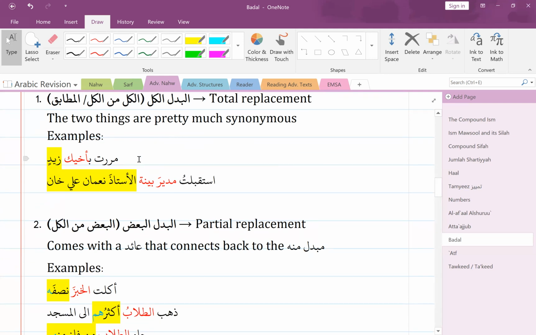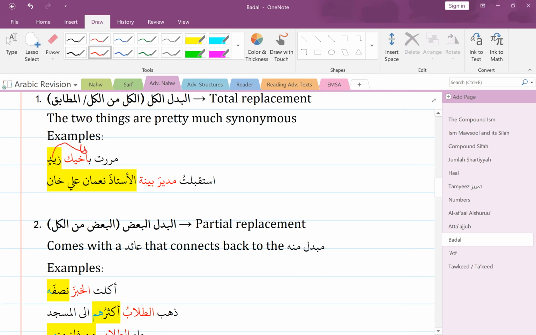For example, if I say marartu bi akhika Zaydin, you only have one brother in this case. This does not apply when you have like 19 brothers and one of them is called Zayd. This can only happen when you have one brother called Zayd. So I can replace Zayd with akhika.